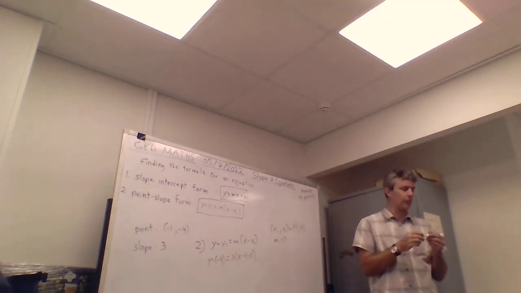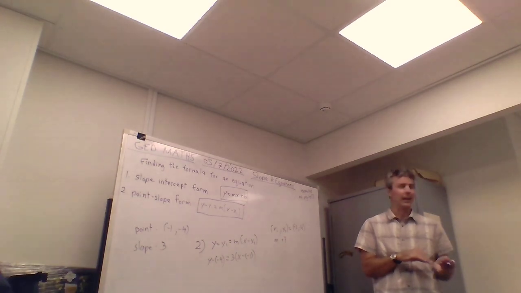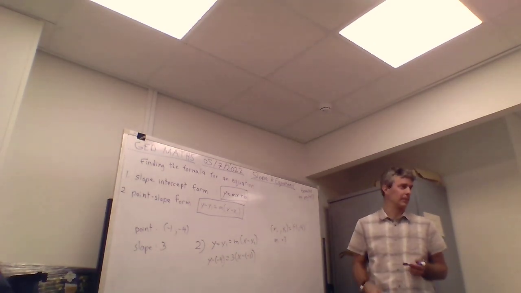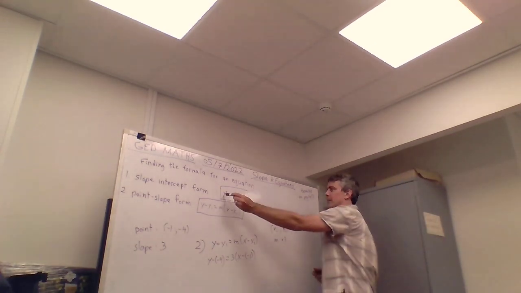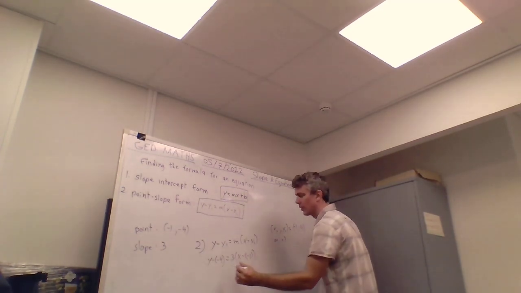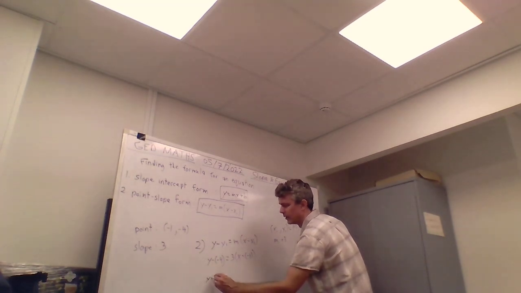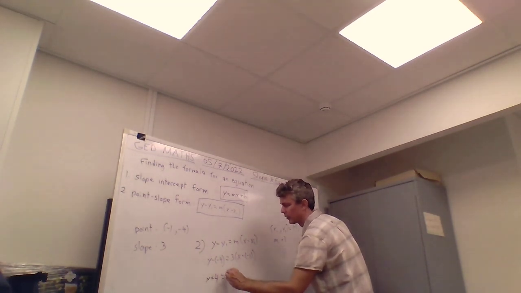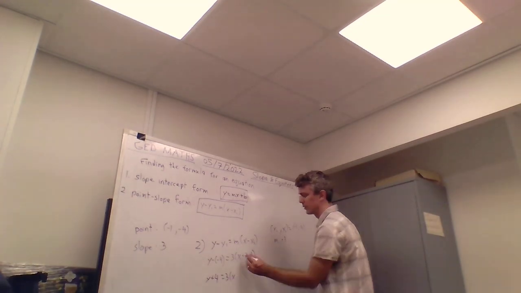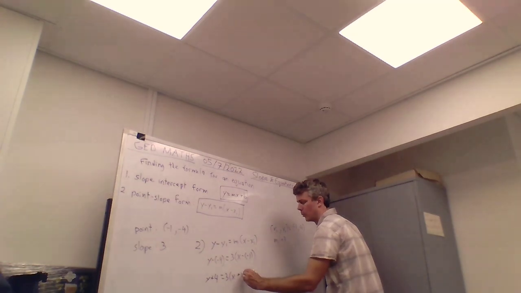Now we're not going to be able to solve for x and y. We just need to simplify it in terms of x and y, right? Until we have our equation format again, something like y equals something x plus b. So y plus 4 equals 3 times x minus 1 plus 1.